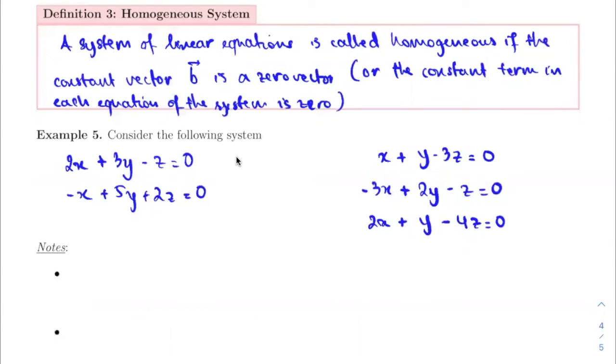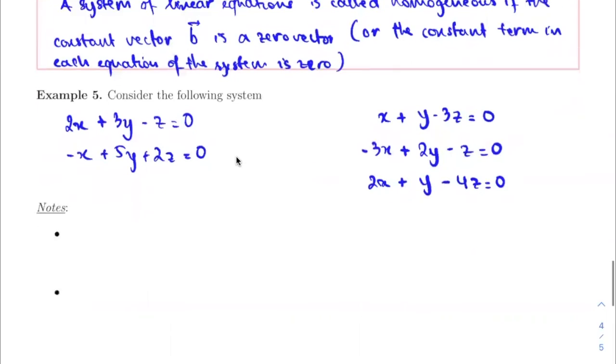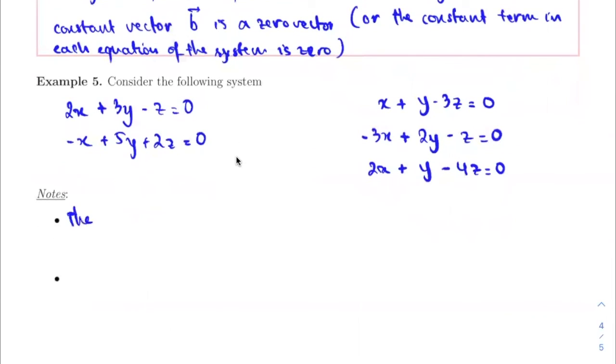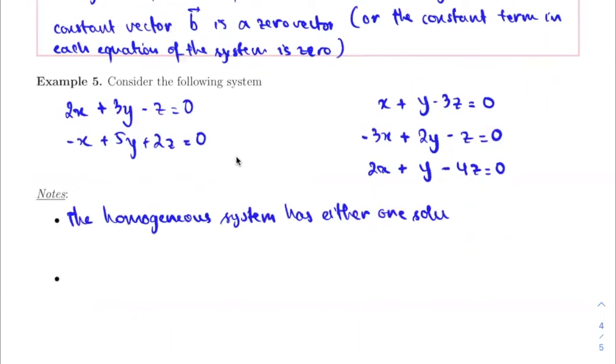For a homogeneous system, some notes here. A homogeneous system has either one solution or infinitely many solutions.